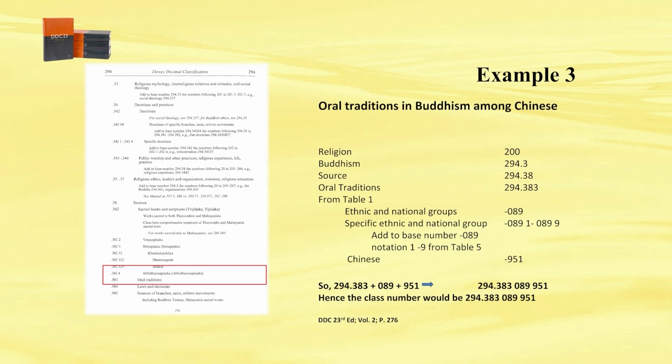So Chinese is a national or ethnic group, and we can find it from table 6. But as we know, we cannot add any number from any table except table 1 unless we get an instruction. So let's hope for the best and proceed with Buddhism.